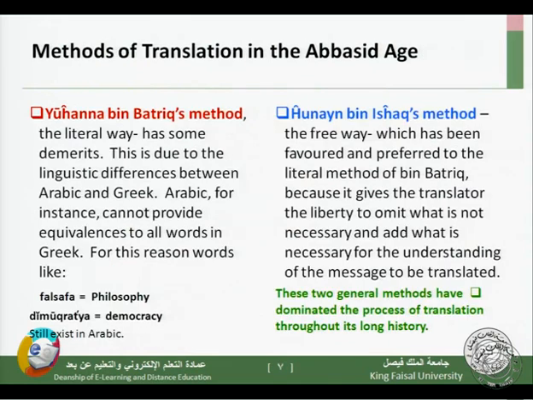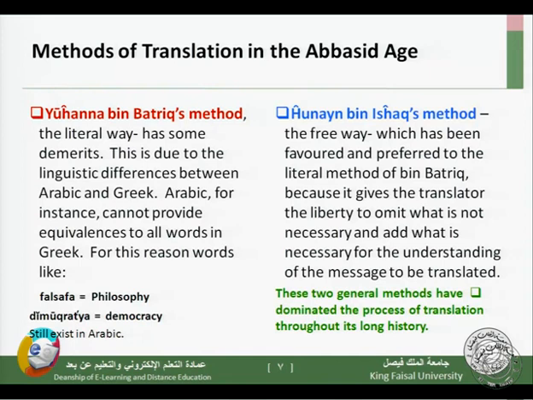Now, regarding the methodology of translators, or the methodology that translators used during the Abbasid age, to be honest, like the Europeans, or like the Romans, or like the Greek before them, they used two types, two methods.